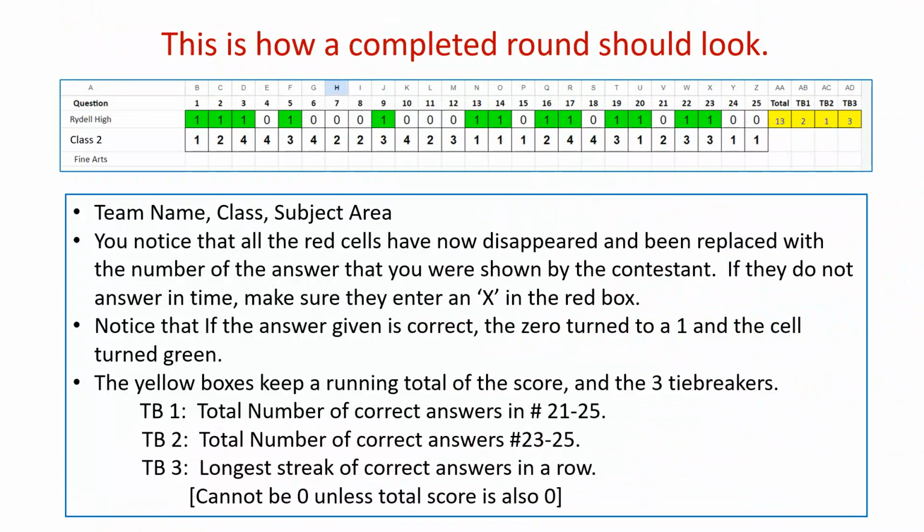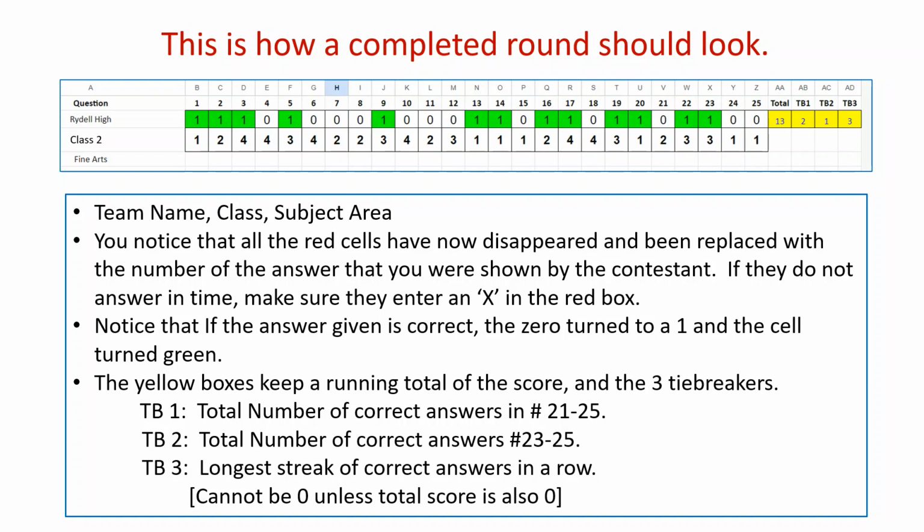One of the challenges that we have sometimes with proctors is that you get excited about finishing a round, or students get excited about finishing a round as well, and forget to tab out of the final box. So please make sure on this sheet that there are no red boxes left. Make sure they've tabbed out of the final box so that everything will score like it is supposed to.